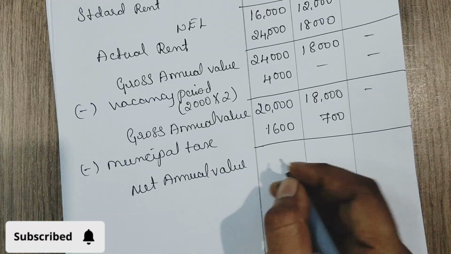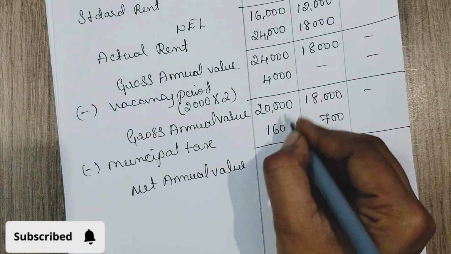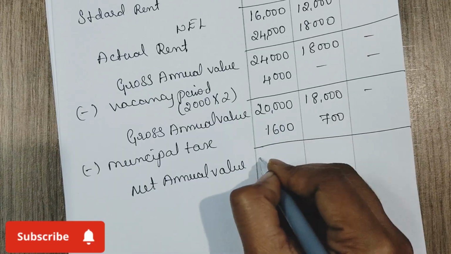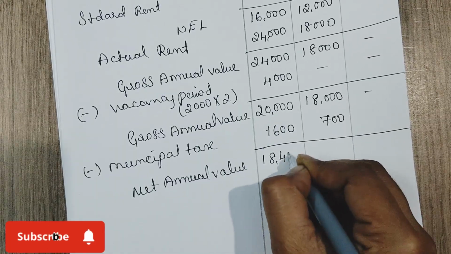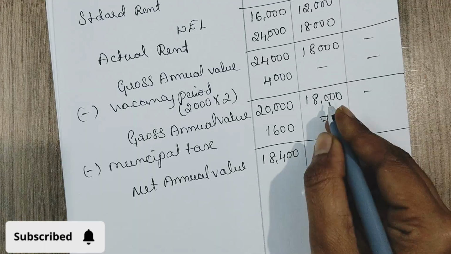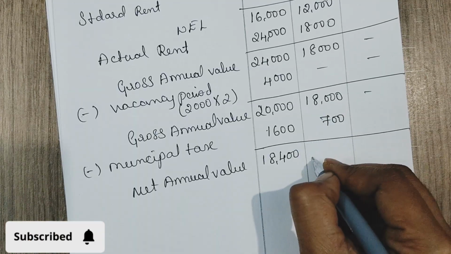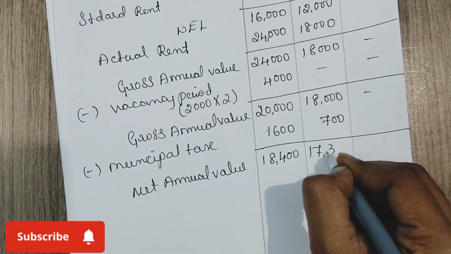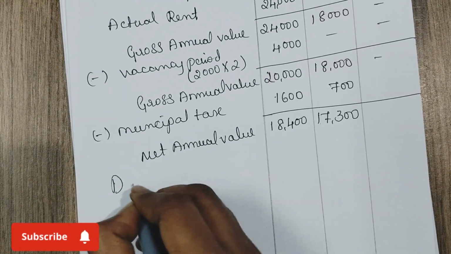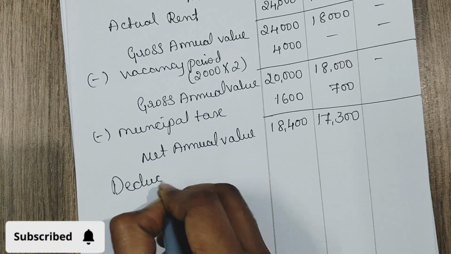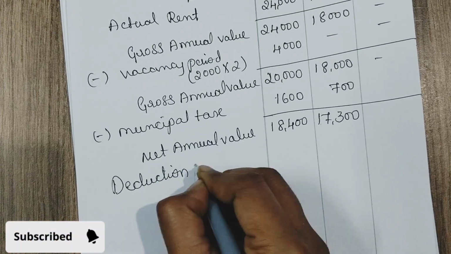Net annual value is 20,000 minus 1,600 is 18,400. 18,000 minus 700 is 17,300. We'll have deductions.